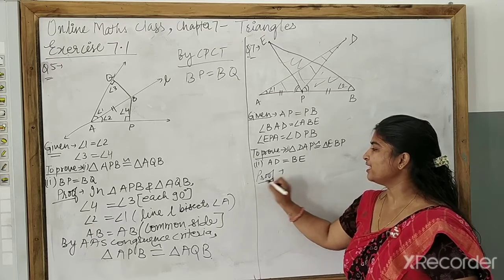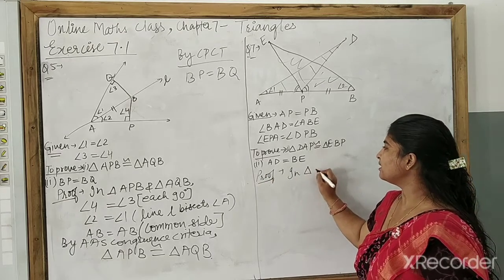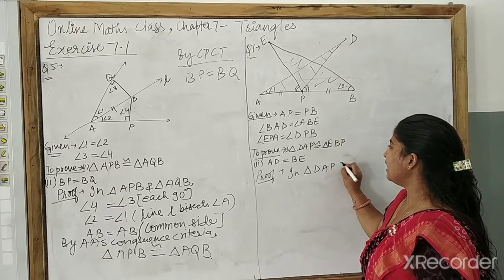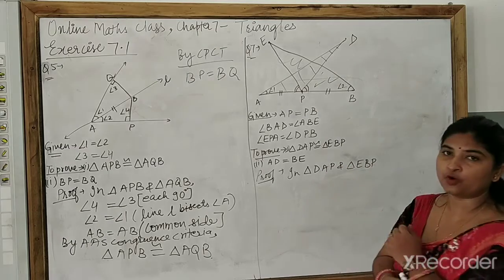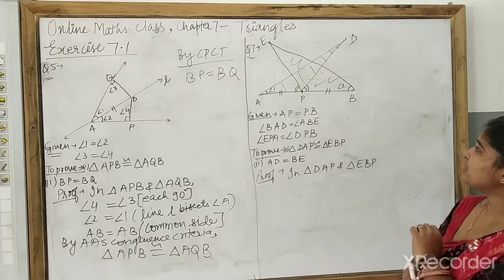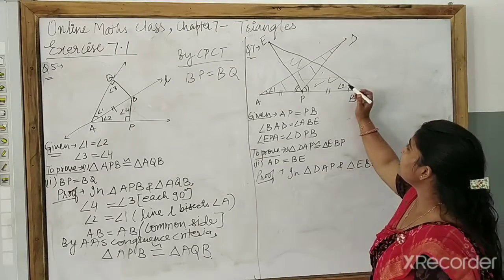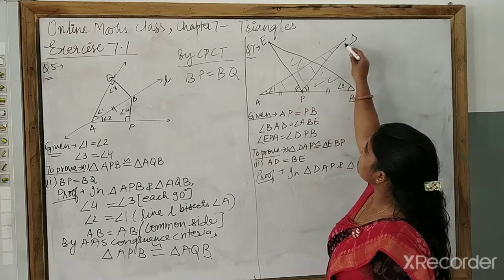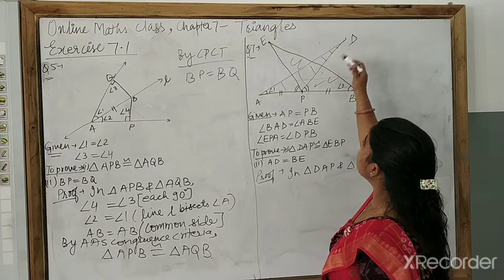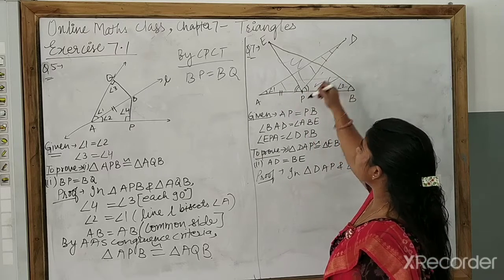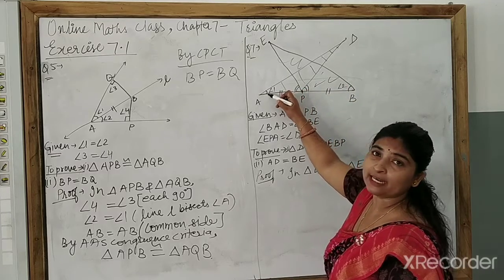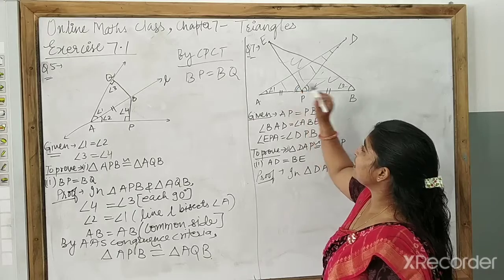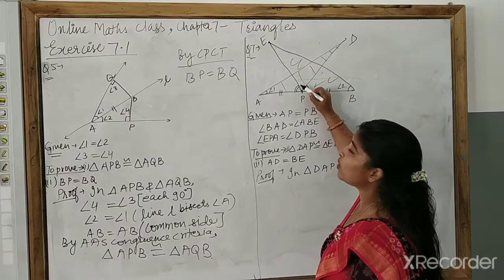In triangle DAP and triangle EBP, can you see that if I talk about this triangle, ADP or DAP, this is my side and angle, this is my side, but this angle is not my required angle.